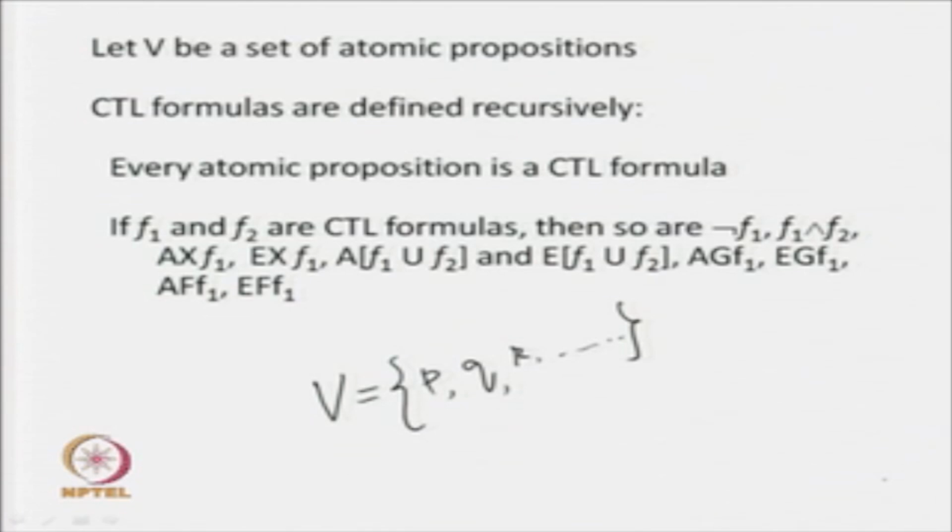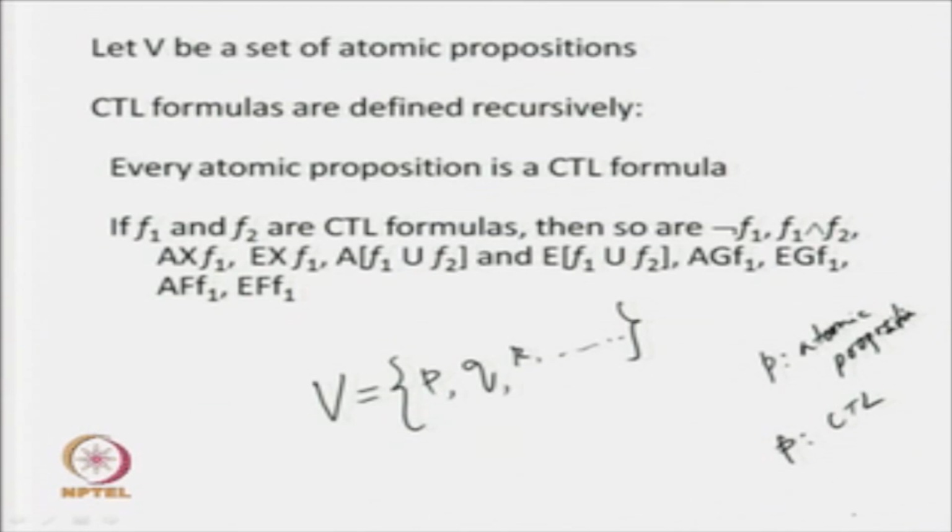Every atomic proposition will be treated as a CTL formula, because in BNF notation we have seen that all atomic propositions are CTL formulas. So, if P is an atomic proposition, then P is also a CTL formula. For all atomic propositions we get CTL formulas.